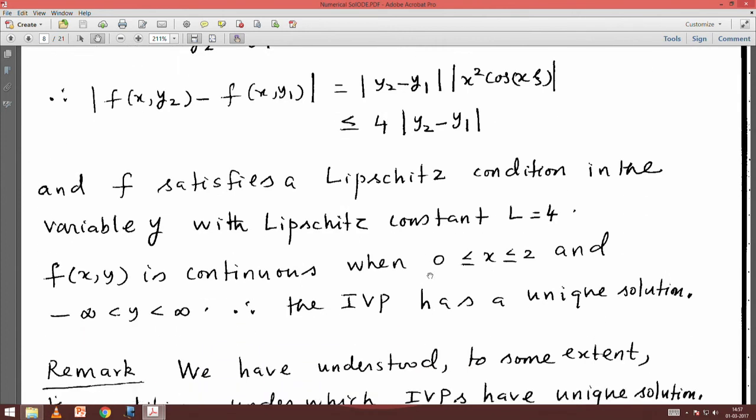You have shown that f satisfies a Lipschitz condition with Lipschitz constant equal to 4. You have been able to show that there exists a constant L which is equal to 4 such that f satisfies a Lipschitz condition. What does that mean? If f is continuous on that strip, then the initial value problem has a unique solution.